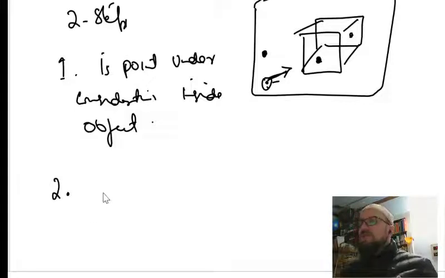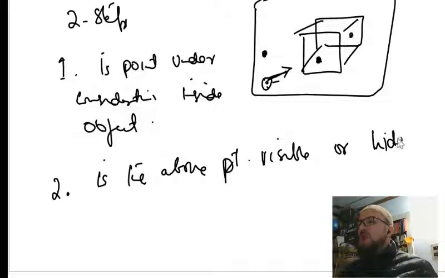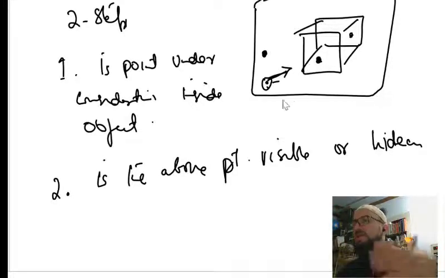So I need to figure out whether this point is visible or hidden. So how do I figure out these two things? Is the point under consideration inside the object? And if it is inside the object, only then, is it visible or is it on a hidden surface?